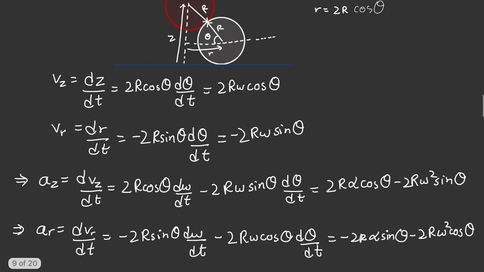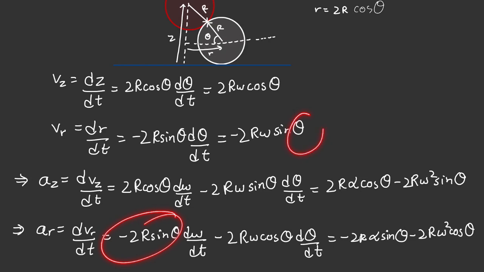Now what would be the acceleration in the z direction? We differentiate this again with respect to time. You get 2r cos theta d omega by dt minus 2r omega sin theta d theta by dt, and d omega by dt is nothing but alpha. So you just get 2r alpha cos theta minus 2r omega square sin theta. And in the radial direction, you differentiate this again.